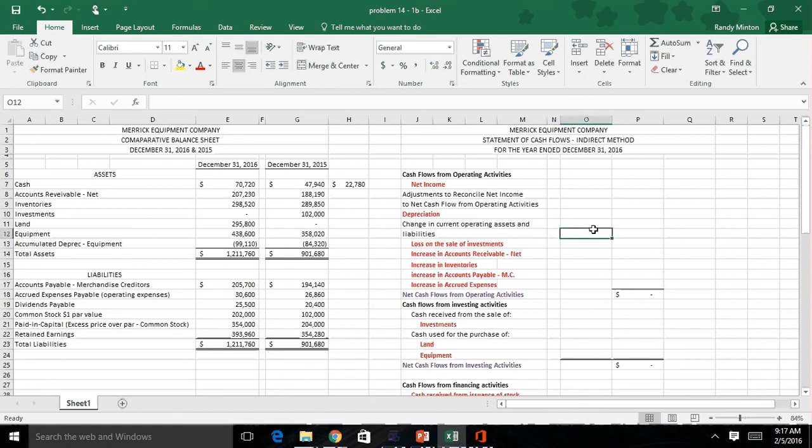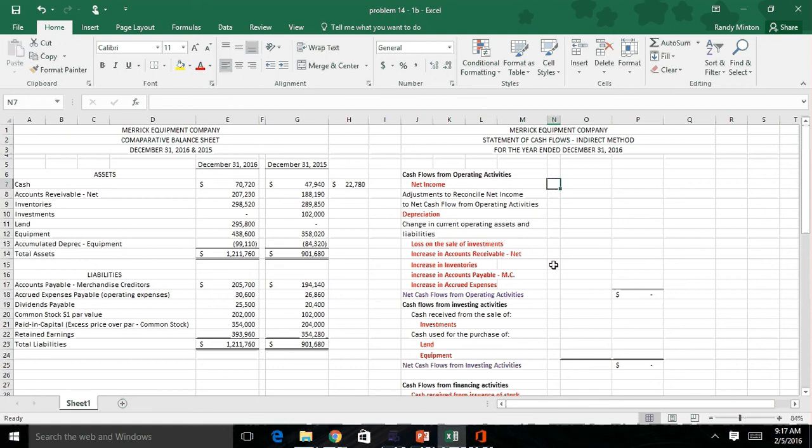So the first thing that we do with the cash flow under the indirect method is to calculate net income, or pull net income from the income statement. Now in this case, we don't really have to do that, because it's given to us. It says that there was a $141,680 credit to retained earnings for net income.